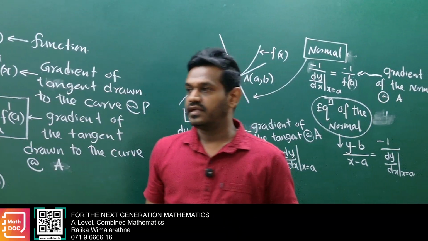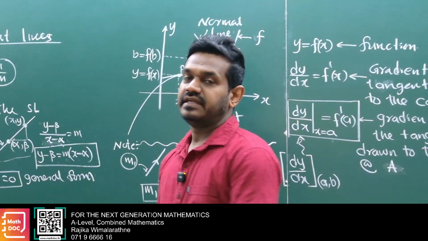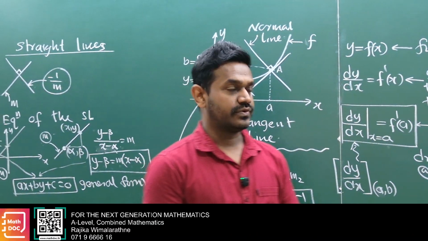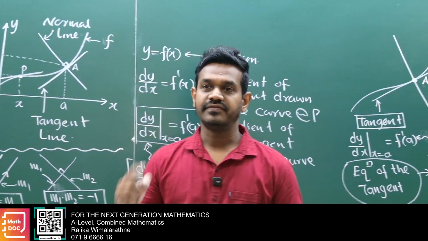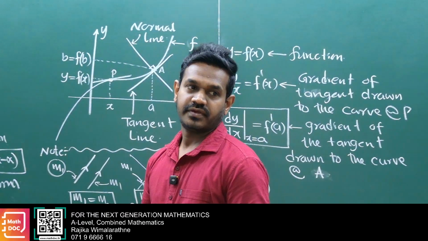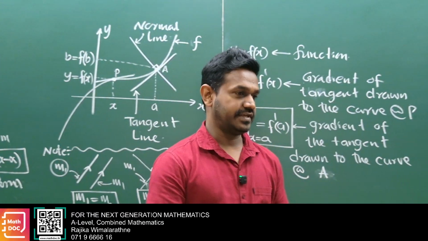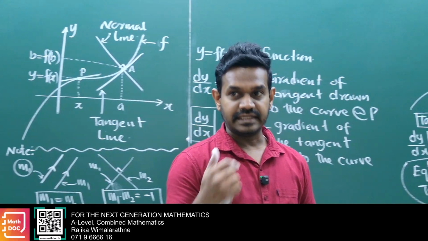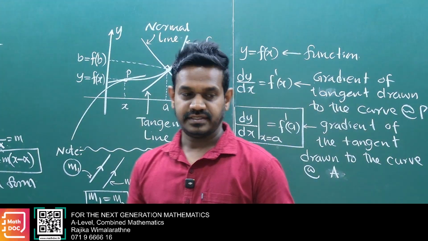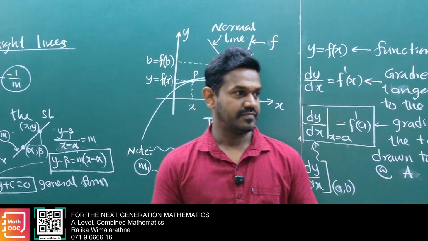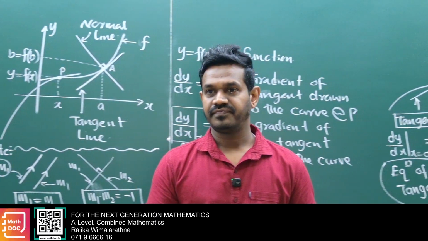Now that's the concept. When finding tangents and normals, we have a working rule. First we need the derivative. Given the function, you have to differentiate it to find dy/dx, and there will be a point given.